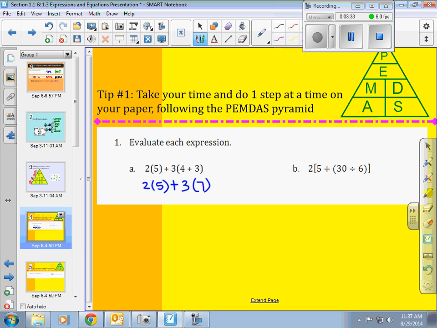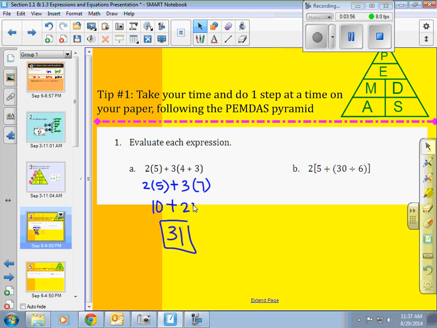So if I start on my left, I see 2 times 5, which is 10. As I move to my right, I see 3 times 7, which is 21. So then I have 10 plus 21, which gives us 31. There it is, evaluated.